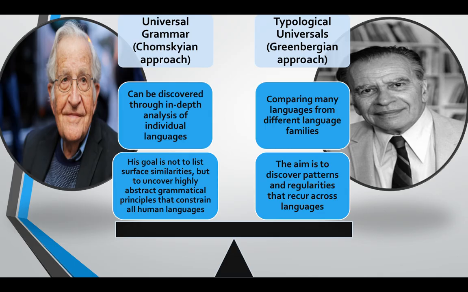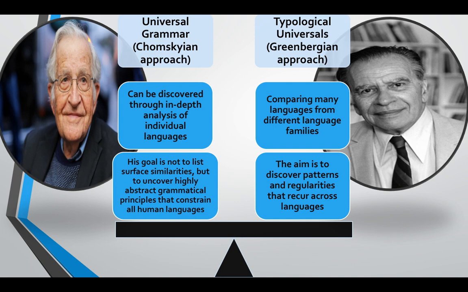So this means that there exist principles in the human mind that constrain all human languages. Universal grammar is defined by Chomsky as the innate linguistic knowledge that all human beings are born with.